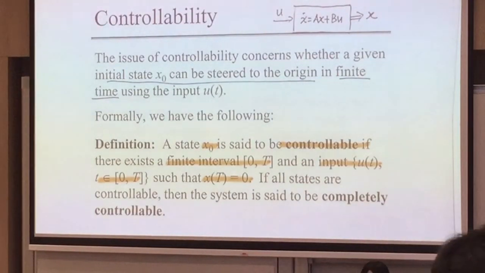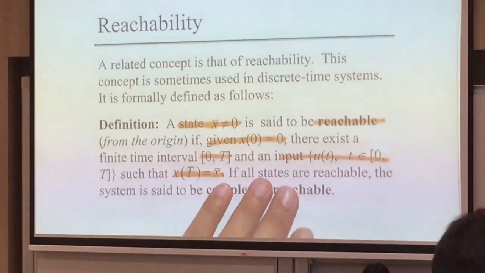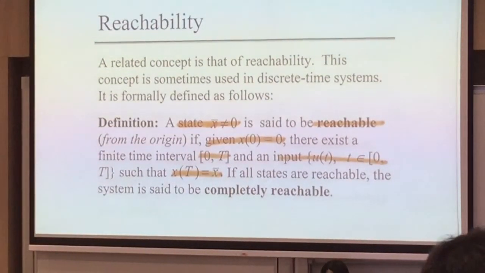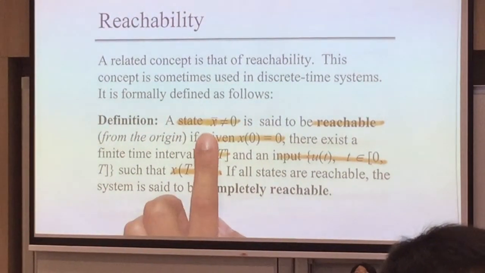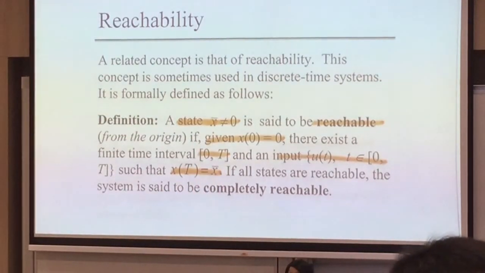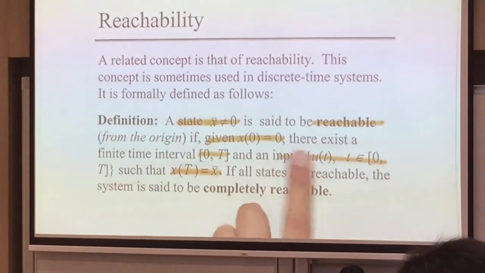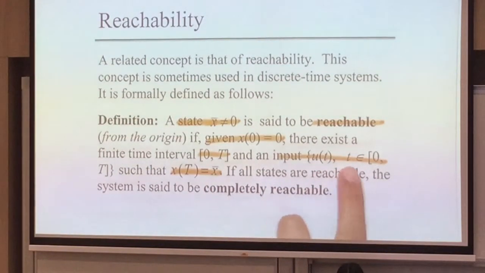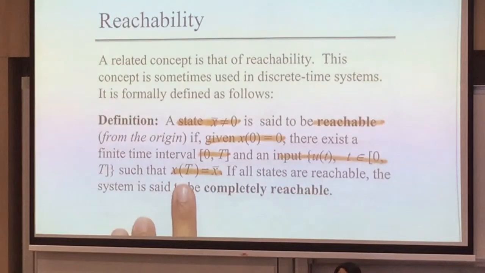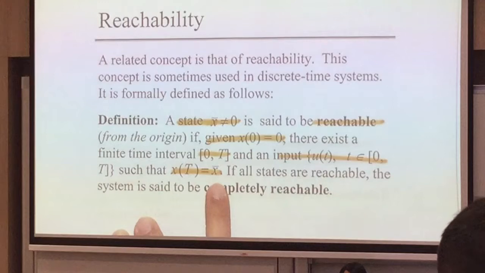Another definition that's related to controllability is reachability. What's the difference between controllability and reachability? We say that a state x bar, which is initially not at 0, is reachable from the origin if, given an initial condition, there exists a finite time interval from 0 to T and a certain input u over that interval such that the state at time T is x bar.